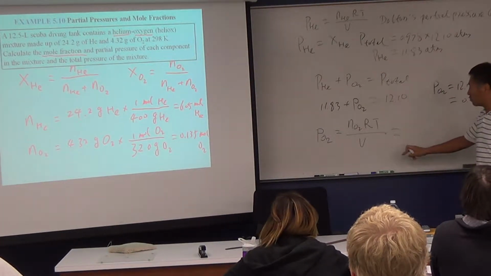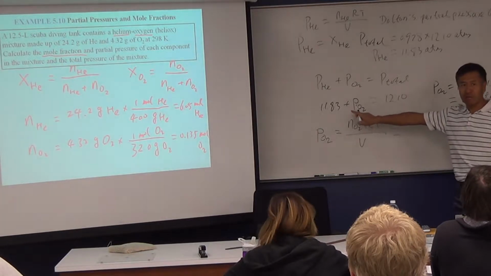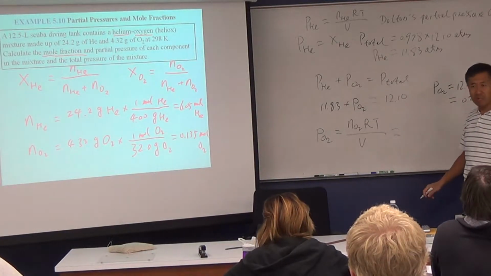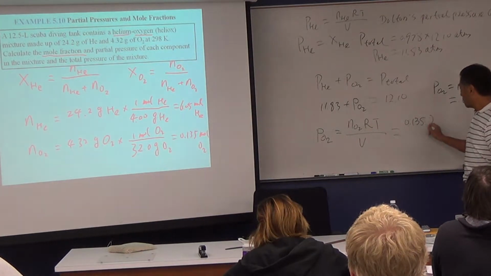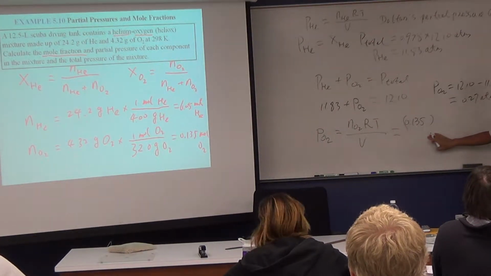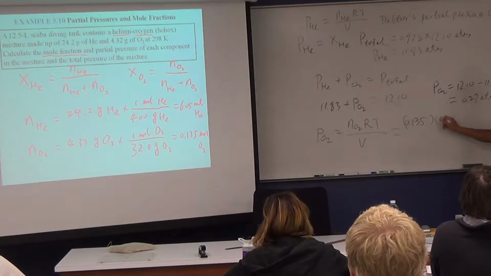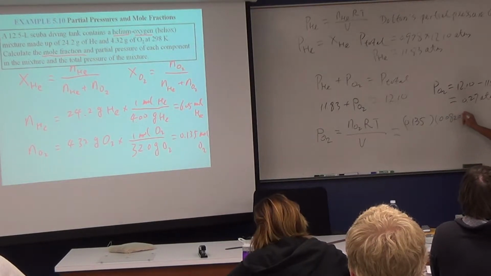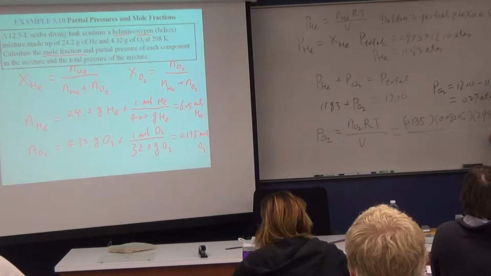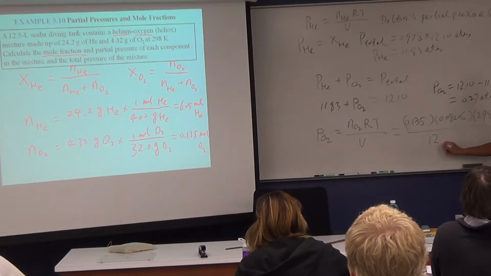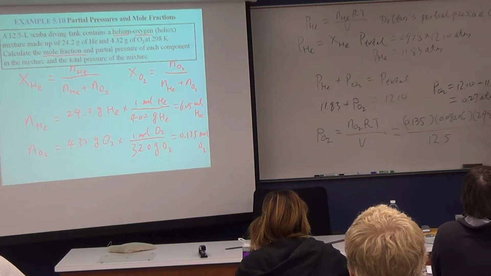Just apply the mole of O2 here, I think that is 0.1 something, then R is 0.08206, the temperature is the same for all the components, and the volume is also the same, so our volume is 12.5.